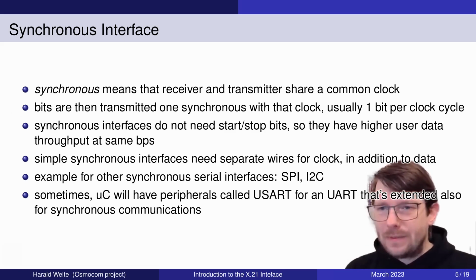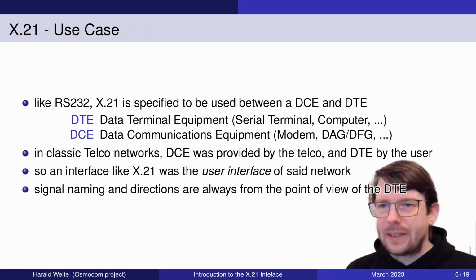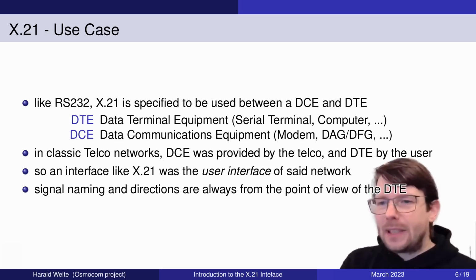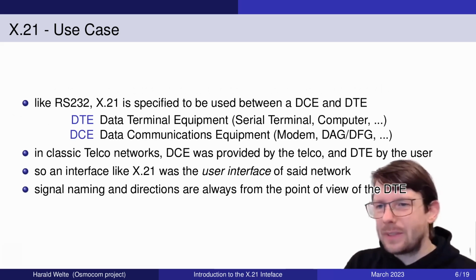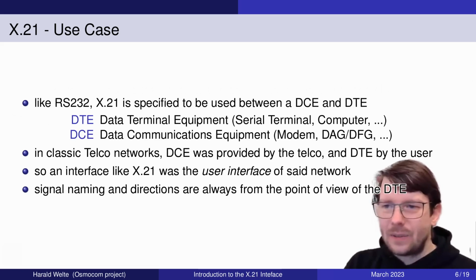So we have a synchronous interface in the case of X.21. And in what kind of use cases do we see, or did we see, X.21? Similar to the RS-232 and the V-series ITU interfaces, it's specified to be an interface between a DCE and a DTE. The DTE is the data terminal equipment. Think of a serial terminal, TTY, something like that, or a computer. And a DCE is data communications equipment.